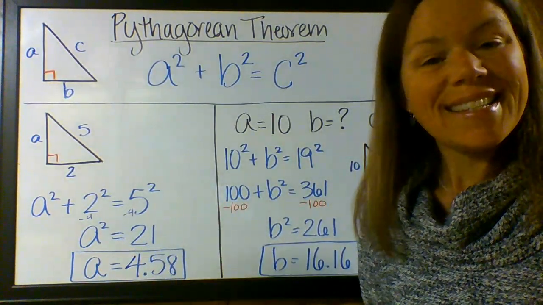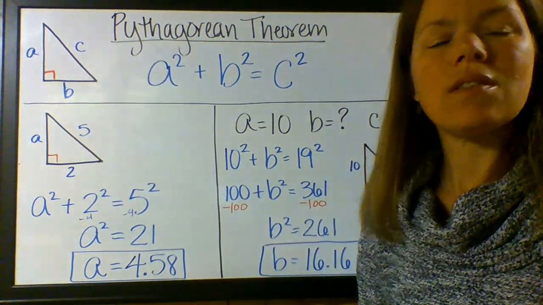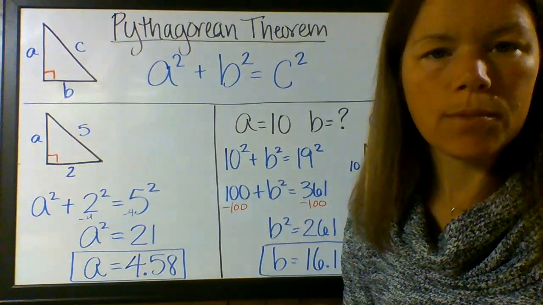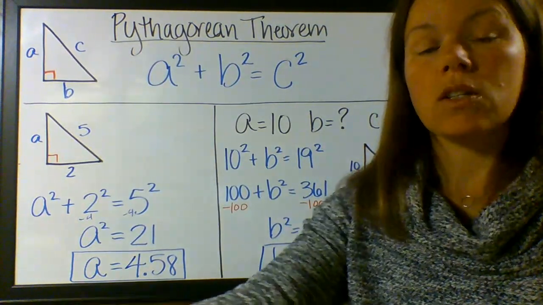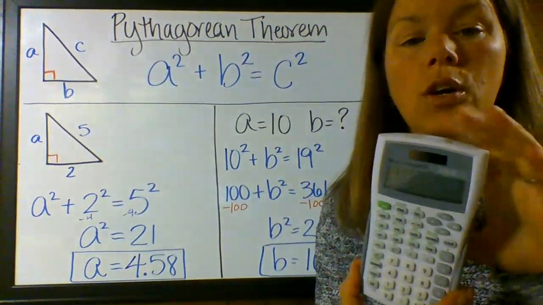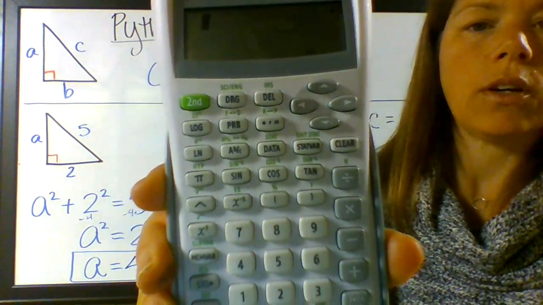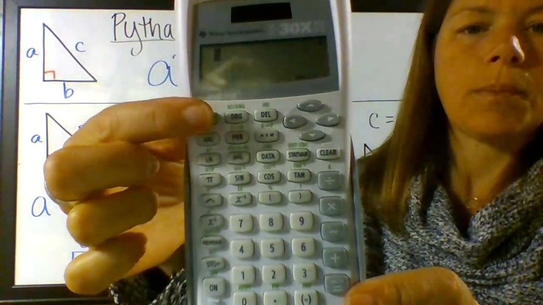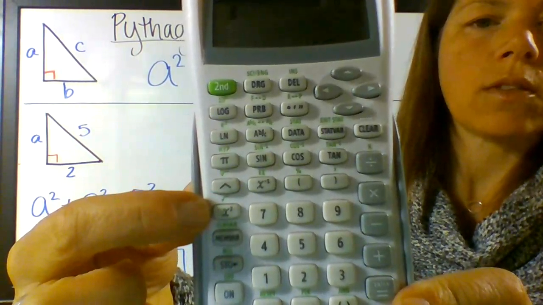Today, instead of simplifying radicals, none of the problems can be simplified because they're not perfect squares. So we're going to practice putting it into a calculator. On this particular calculator, press second, and right above the x squared is the square root symbol.